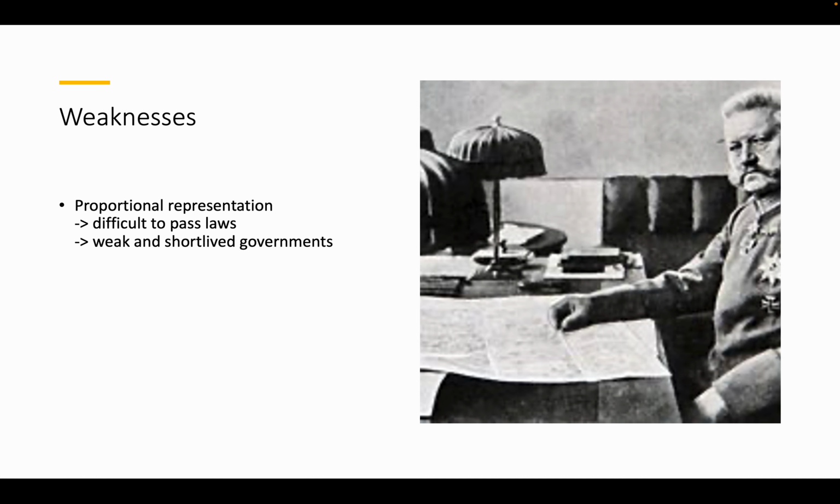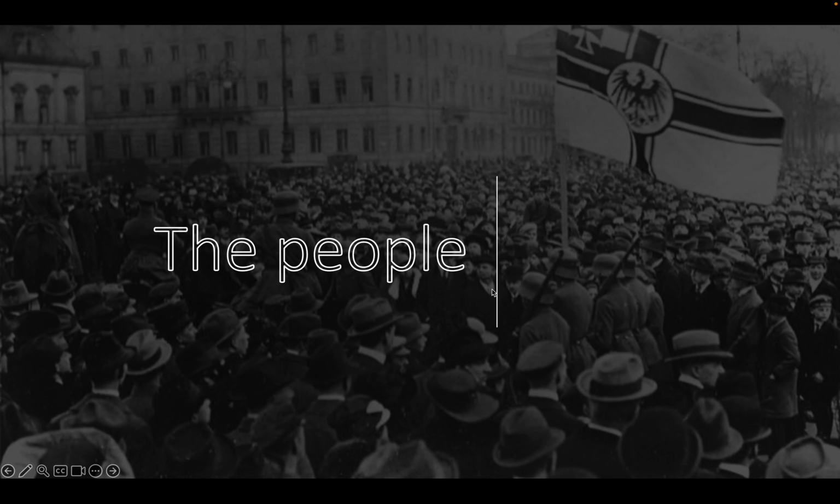If 5% of people vote for you, you get 5% of the seats in the Reichstag. That would mean it's difficult to pass laws because there are a lot of different parties in the Reichstag, and weak and short-lived governments. And of course, Article 48, overused, weakened German confidence in democracy. Because once Article 48 was used, it's basically like the rule under the Kaiser. It's not really democracy anymore.